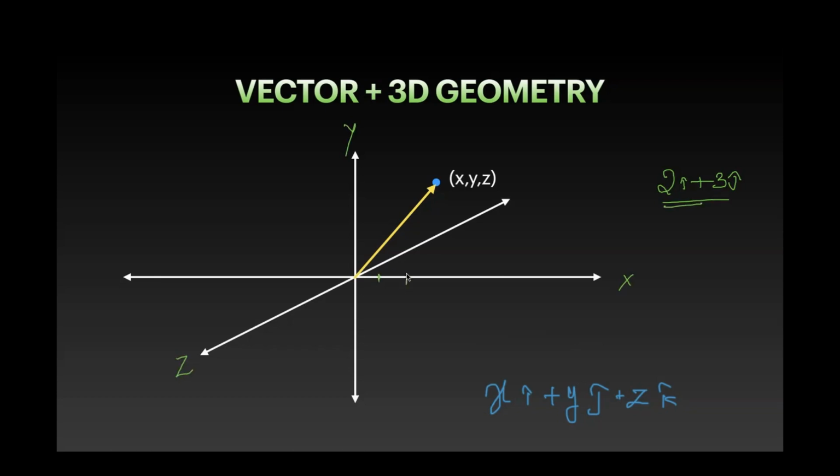This is 1, this is 2, so the point 2 comma 3 comma, there is no z axis so 0, and this vector is 2i cap plus 3j cap. Clear? This is how you represent a vector in a 3D plane.